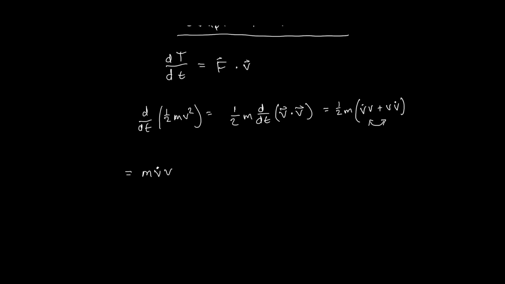And what is v dot? That's the acceleration, v dot equals a, and ma equals F. So we can rewrite this as F dotted with v.